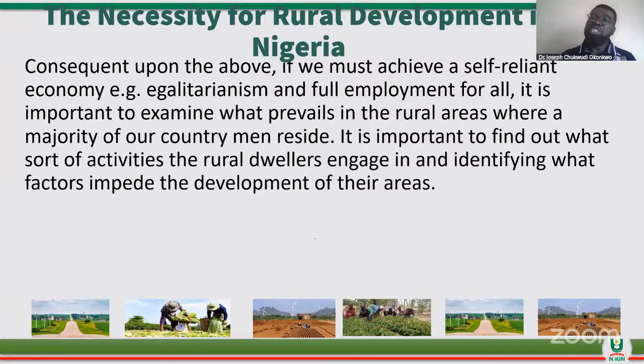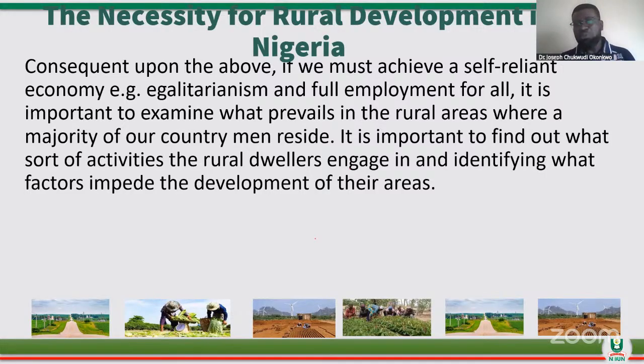So if we must achieve a self-reliant economy, for example, we must become an egalitarian society. That's egalitarianism, and we achieve full employment for all. It is important to examine what prevails in the rural areas where a majority of our countrymen reside.